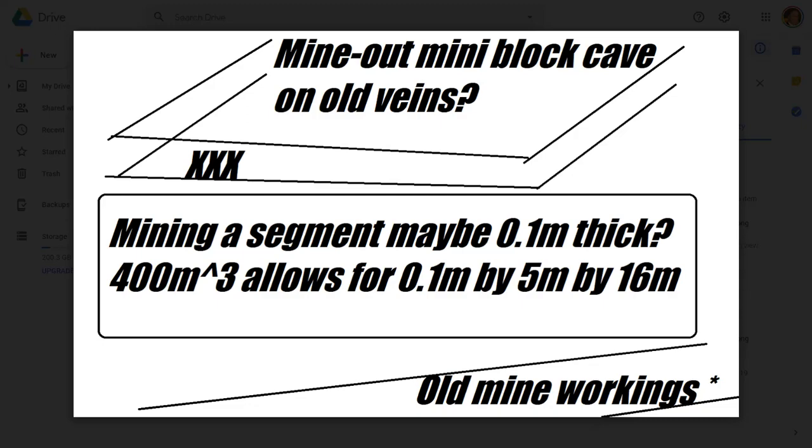The answer might be mining something that's 0.1 meters thick, 10 centimeters, I believe that is. It's fairly narrow mining width. Certainly not something that's practiced globally in many places that I know of. And to allocate 400 cubic meters when you're drilling 10 centimeter widths is kind of unheard of.